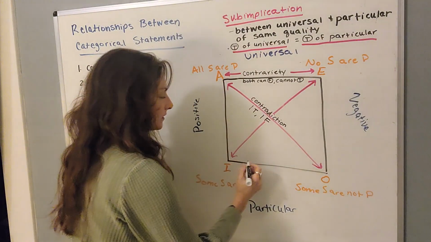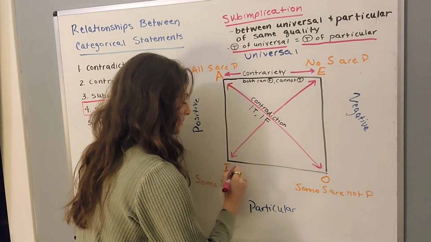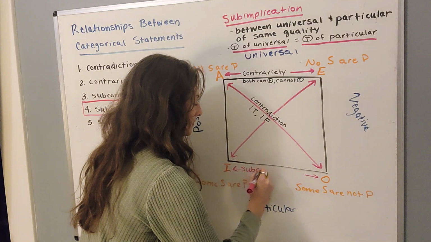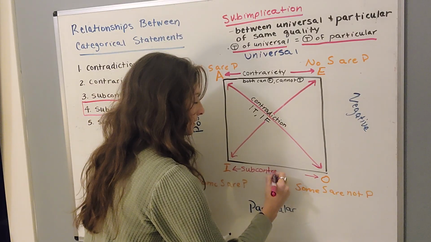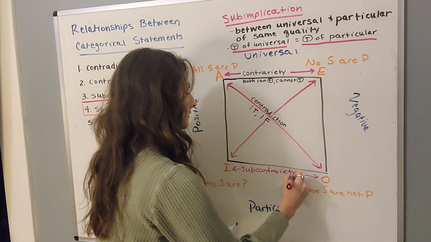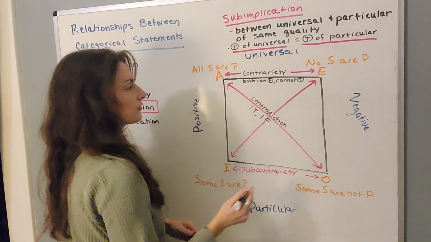Down here is our subcontrariety, which deals with our particulars. And remember, sub means under, so it's under the contrariety. Oh well. Okay, so this one is the exact opposite of contrariety.